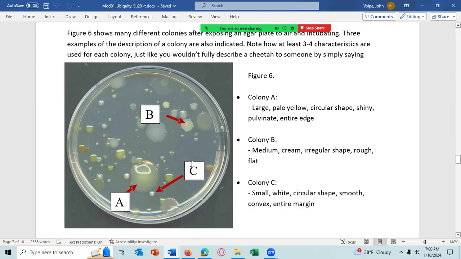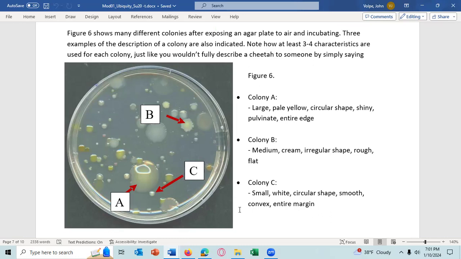Colony C, a small colony. White in color, circular shape. It doesn't look like it's perfectly circular, but we'll go with it. A smooth colony, and we can't tell the convex and entire margin. To determine the elevation, what you really need to do is take off the lid of the plate and then look at the colony from the side.